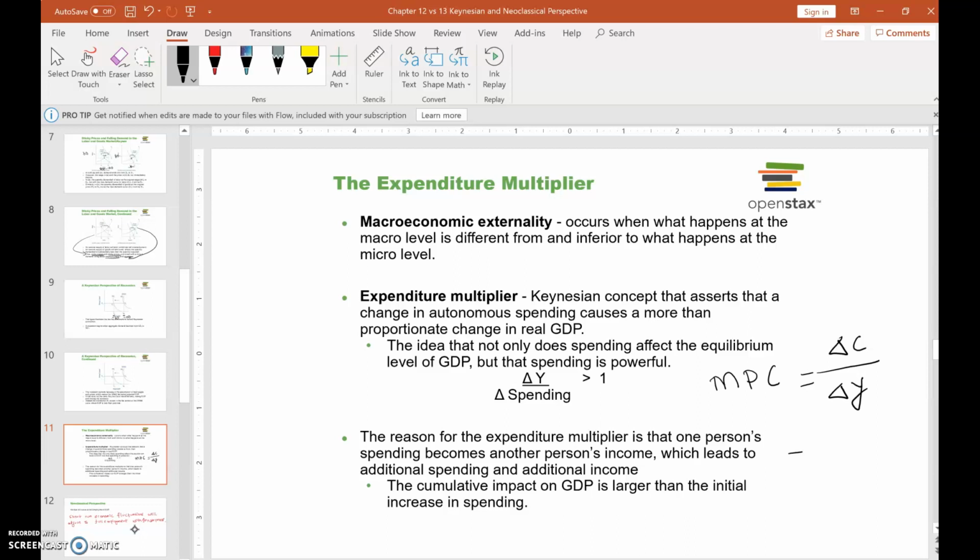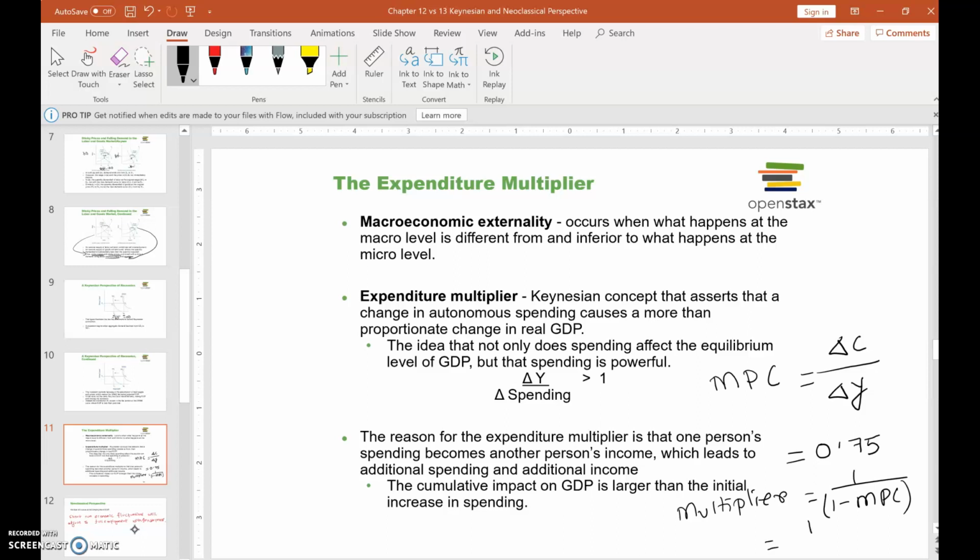Say my marginal propensity to consume is equal to 0.75, and after that we have the formula for the multiplier, which is defined as 1 over 1 minus MPC.